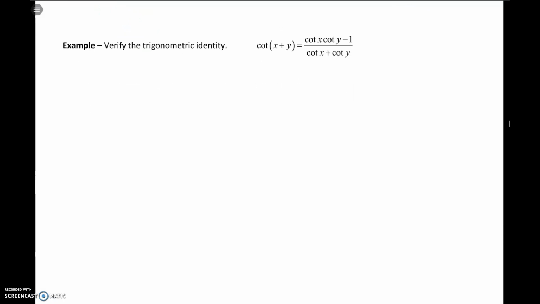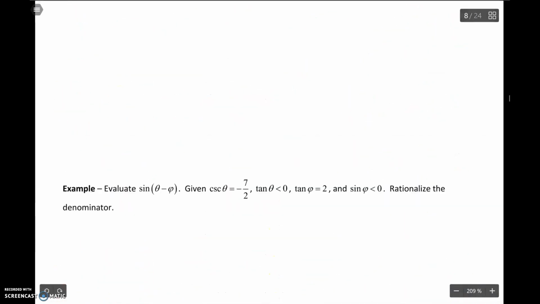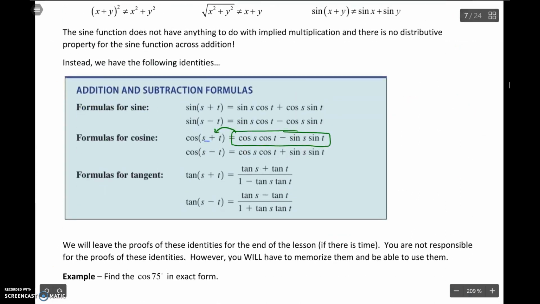Last example, verify the trig identity. I've got the cotangent of x plus y equals, it kind of looks like the tangent, only we've got cotangents, and they're kind of the denominators in the numerator and whatever else. But there are actually identity formulas for the cosecant, the secant, and the cotangent.